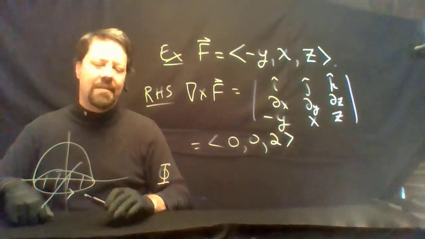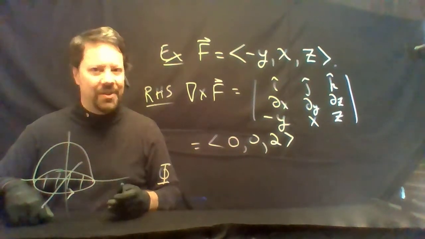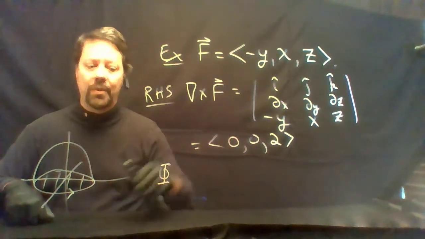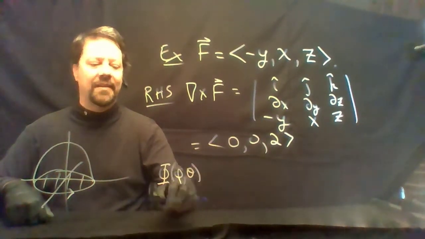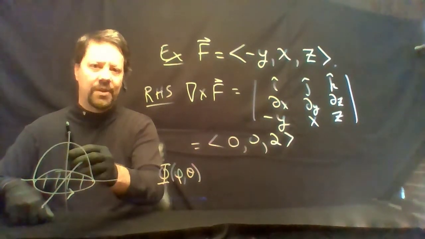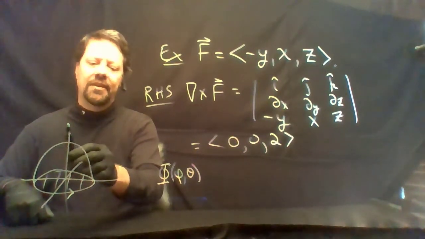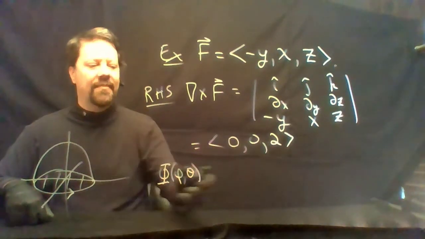We need a surface parameterization. This is a hemisphere. We should use spherical coordinates with rho equal to 1. Our parameters will be phi and theta. Theta will go from 0 to 2 pi, but phi, which is the colatitude, goes from 0 to pi over 2.